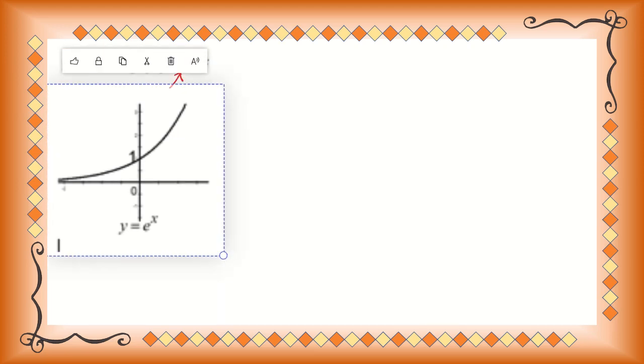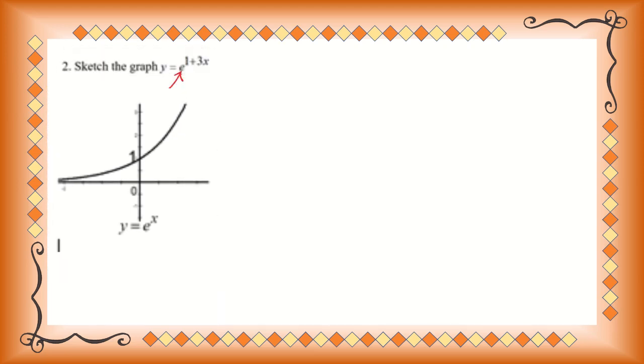So we can start from the exponential function. Next, we need to determine whether there is a negative in front of x. Here we can see that it is positive. If positive, there is no reflection by using the y-axis.